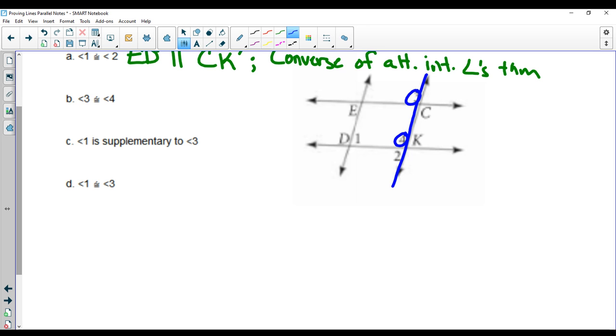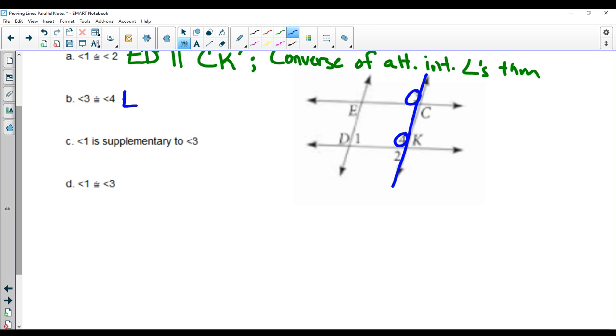What's the information we were given? We said angle 3 is congruent to angle 4. Does that match our suspected relationship pair of correspondings? Yes, it does. We know corresponding angles are congruent. So now we can say, if this is our transversal, then our parallel lines have to go the other way.